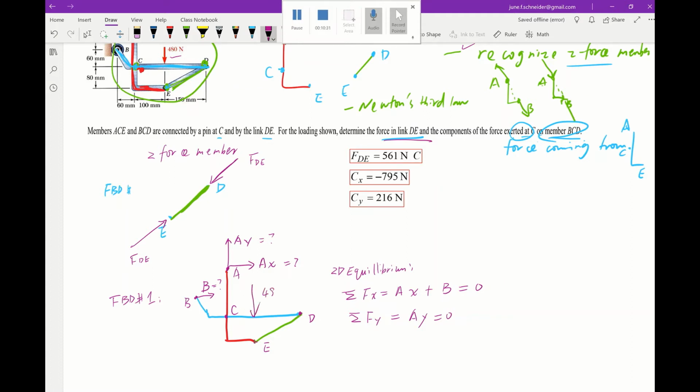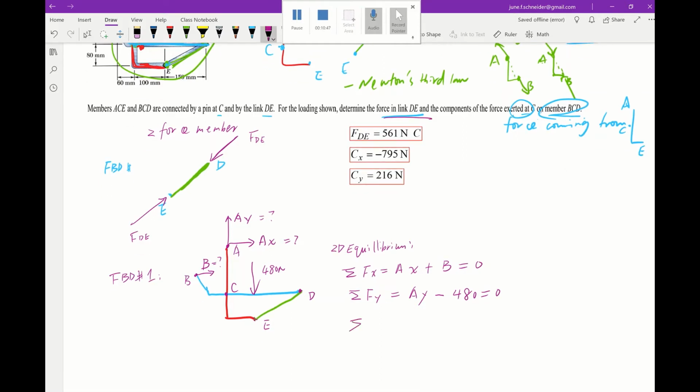So that's our 480 Newton. Then I need to go back over here for our AY. We'll have minus 480 since it's going downward. That's equal to 0.